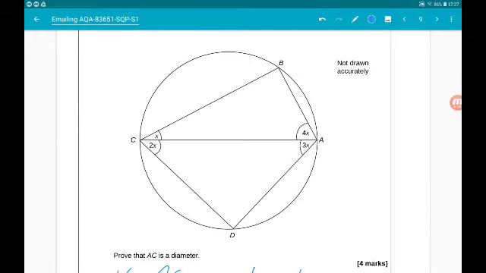When you have a quadrilateral inside of a circle with all 4 corners on the circumference, it's called a cyclic quadrilateral. Opposite angles of a cyclic quadrilateral add up to 180. So what we can actually do here is work out the value of x.